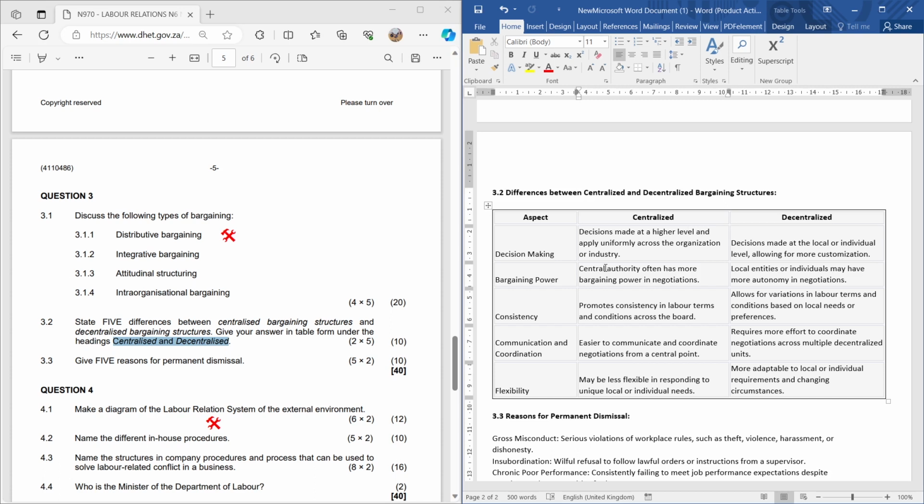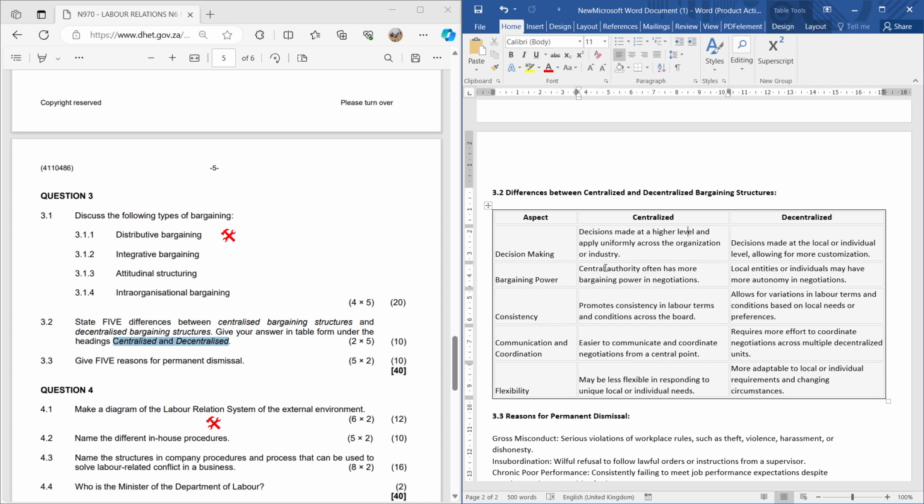If maybe you want to be in business with this company for, say, 5 years or 10 years, you would need to go into the negotiation applying the centralized bargaining structure, right? Because it promotes consistency. It will allow the person that you are negotiating with to trust that whatever you are trying to sell them will produce consistent results.